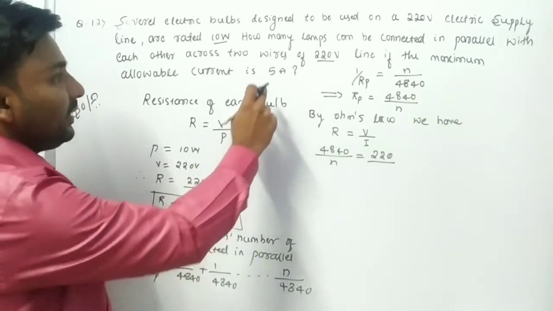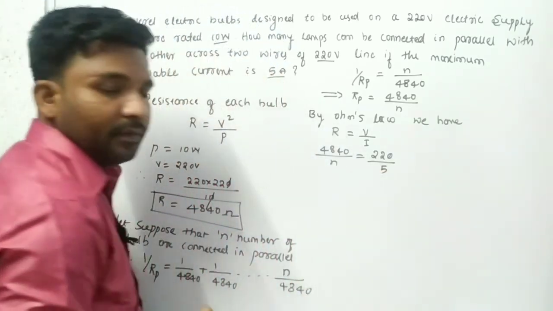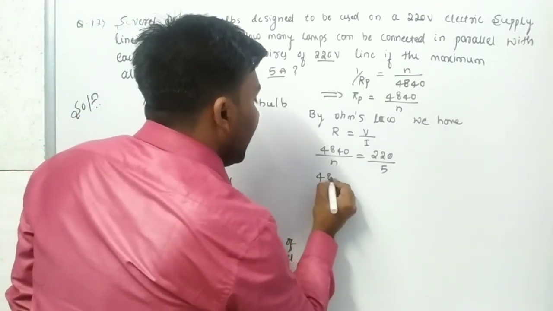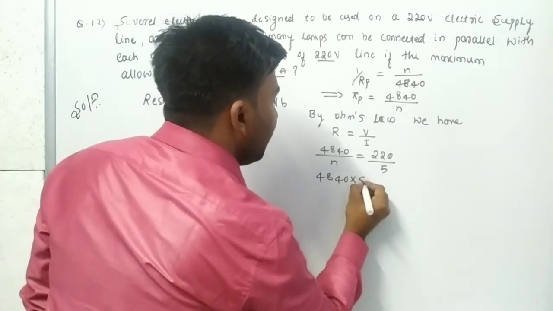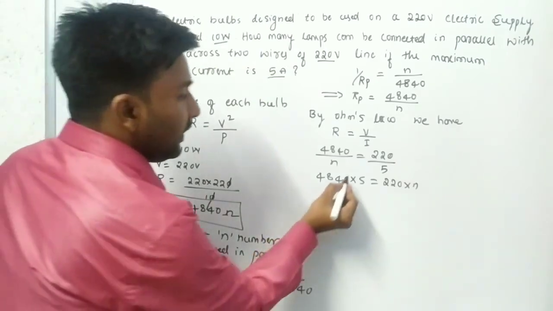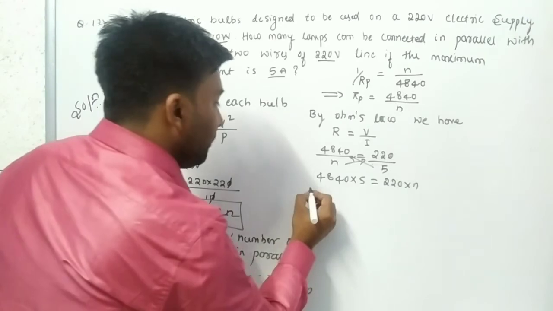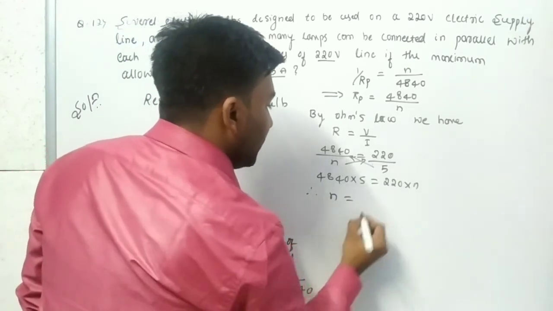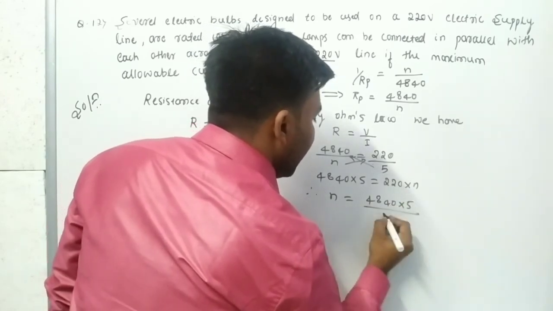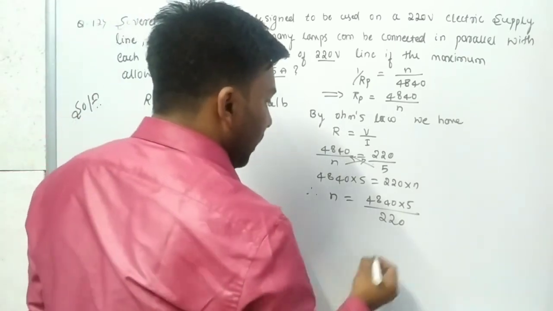The allowable current is 5 ampere. So it is 5, right? Now 4840 into 5 is equal to 220 into n, right? I have just cross multiplied this. Therefore n is equal to 4840 into 5 divided by 220, right?